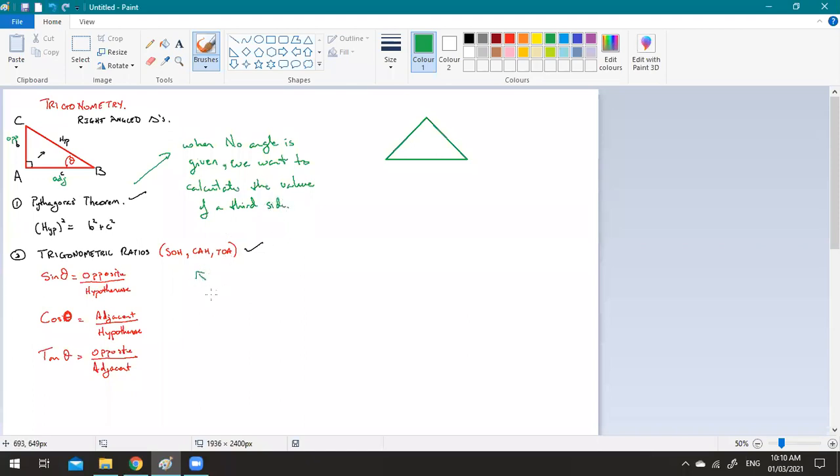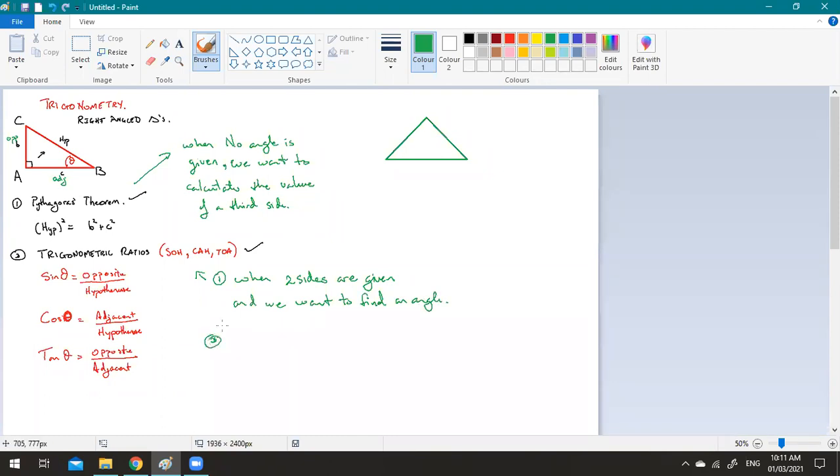We use trigonometric ratios in two situations. One, when two sides are given and we want to find an angle.